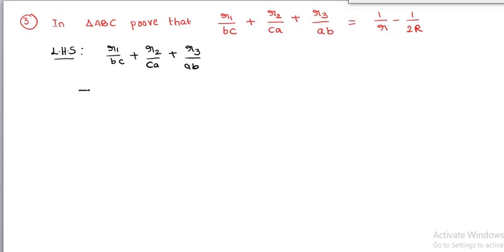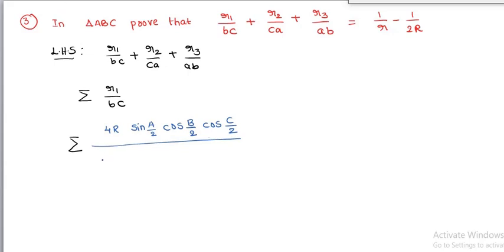So LHS value simply write summation R1 by BC. So summation, R1 formula is 4R sin A by 2 cos B by 2 cos C by 2, whole divided by BC.